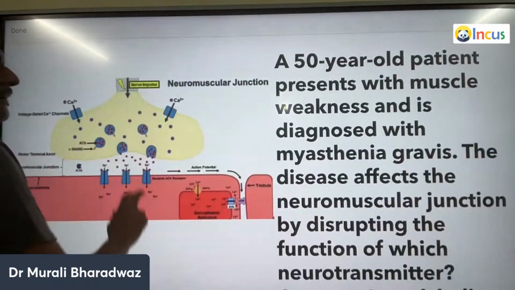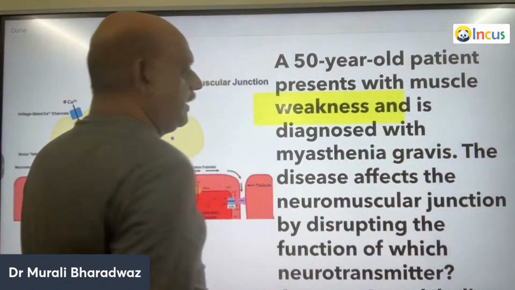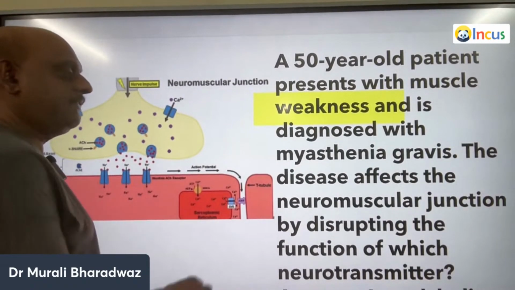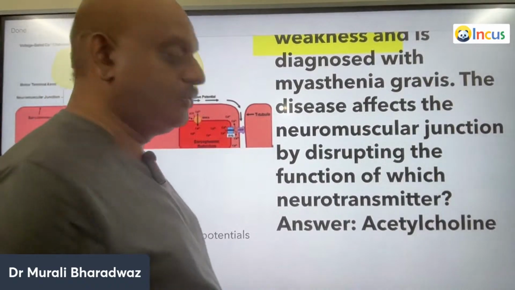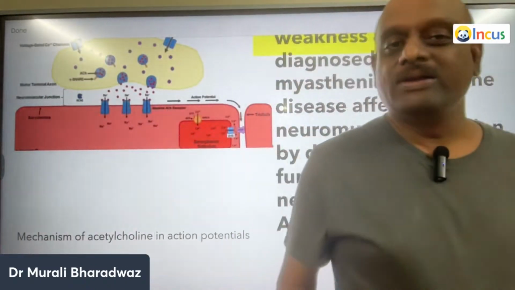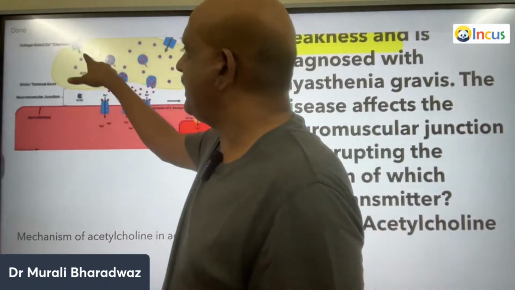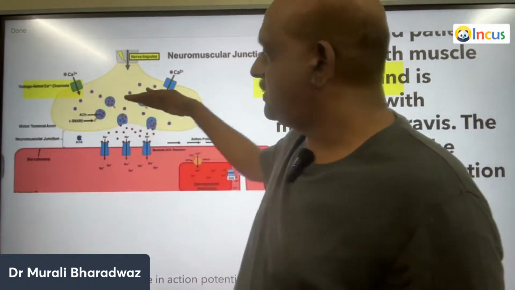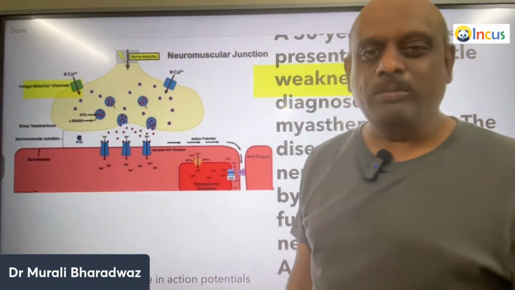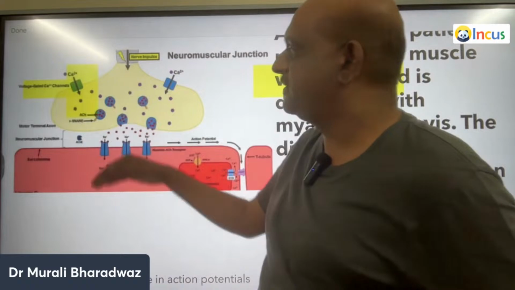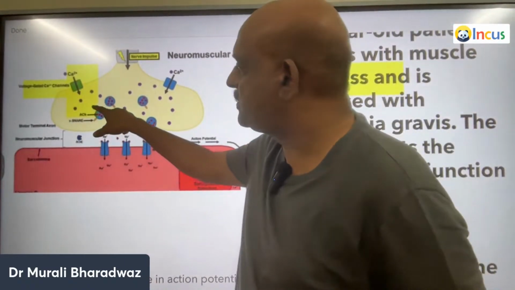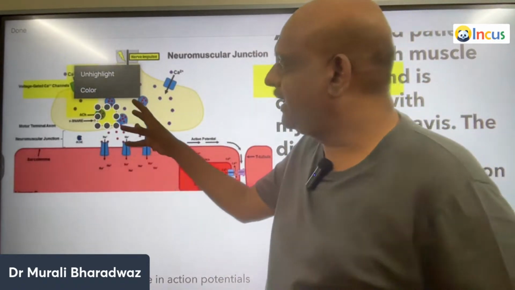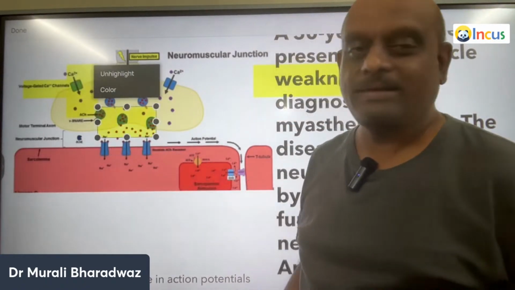A 50-year-old with muscle weakness is diagnosed with myasthenia gravis. The disease affects the neuromuscular junction, disrupting the neurotransmission of acetylcholine. So fundamentally, if you look at voltage gated calcium channels in the presynaptic membrane, the moment calcium enters, that stimulates the SNARE vesicles to degranulate and release the acetylcholine.